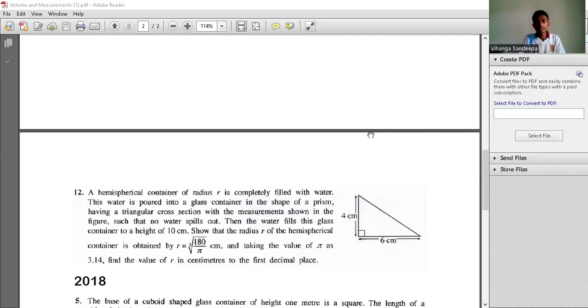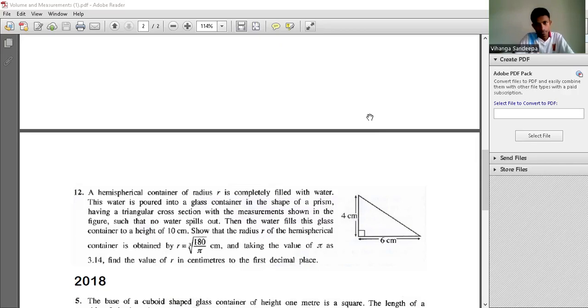So look at the question, 2019. A hemispherical container of radius r is completely filled with water. This water is poured into a glass container in the shape of a prism, having triangular cross-section with the measurements shown in the figure, such that no water spills out.